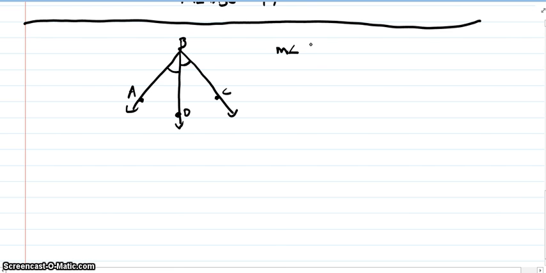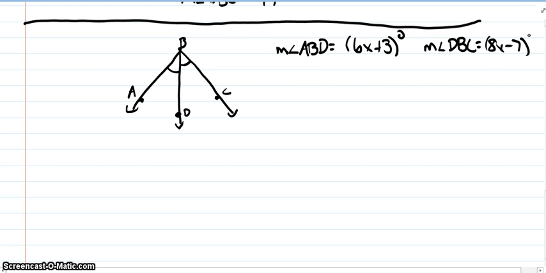So the measure of angle ABD is equal to 6x plus 3 degrees. And yes, variables will come into play a lot in geometry. And the measure of angle DBC is equal to 8x minus 7 degrees.